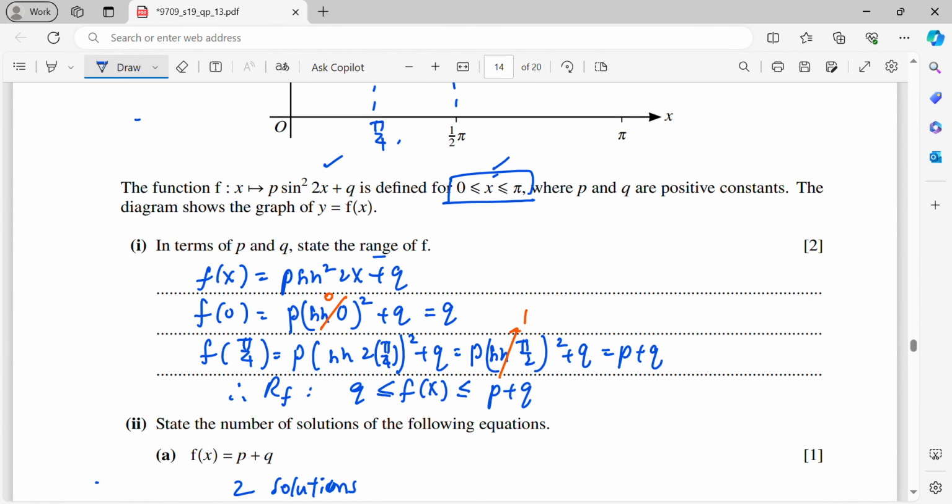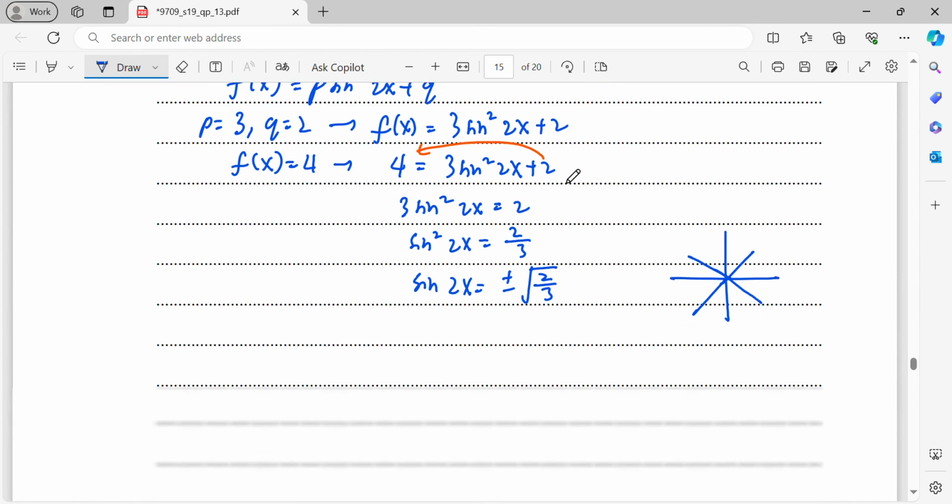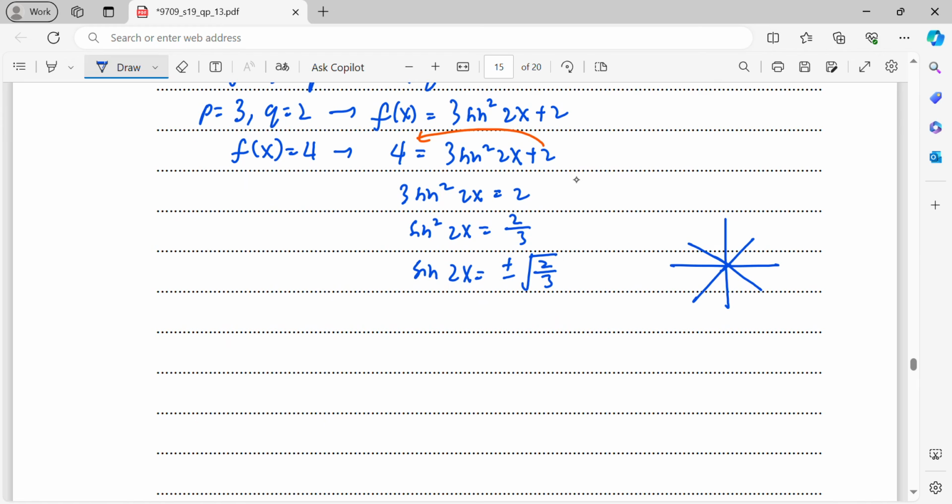Your domain is from 0 to π for the x. But now we are solving 2x. So I will say 0 to π for the x. That means when it is 2x, you just times 2. So I consider 0 to 2π. That means 4 quadrants. Right.